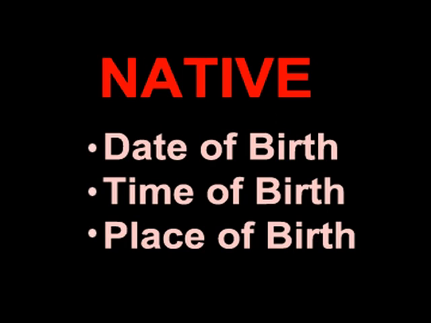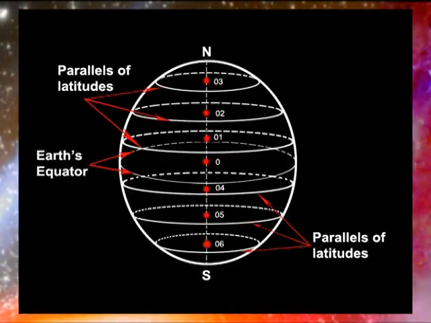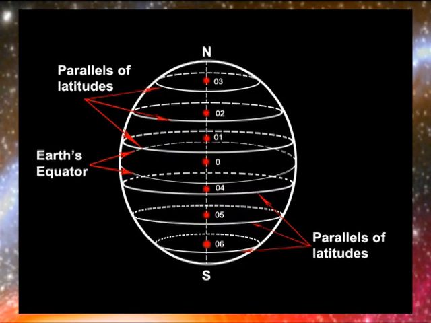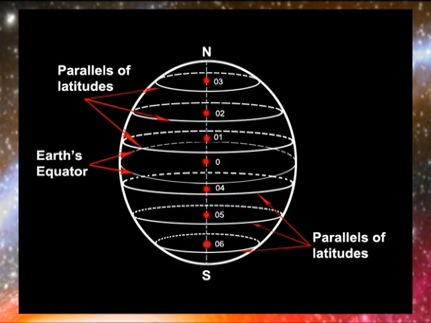As everybody knows, we take date of birth, time of birth, and place of birth. Why do we take them? The whole earth has been divided with some lines called latitudes and longitudes from the equator.